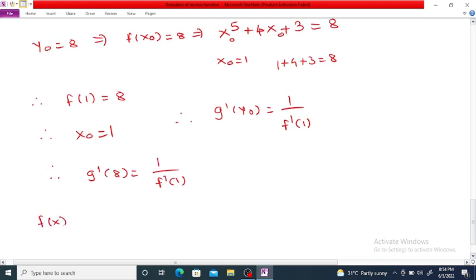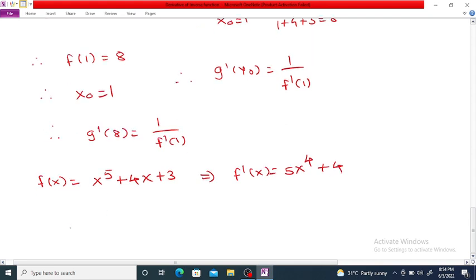Since f of x is equal to x raised to 5 plus 4x plus 3, this implies f dash x is equal to 5x raised to 4 plus 4. And therefore g dash of 8 is equal to 1 divided by f dash of 1, which is equal to 1 divided by 5 plus 4, which is 1 by 9.